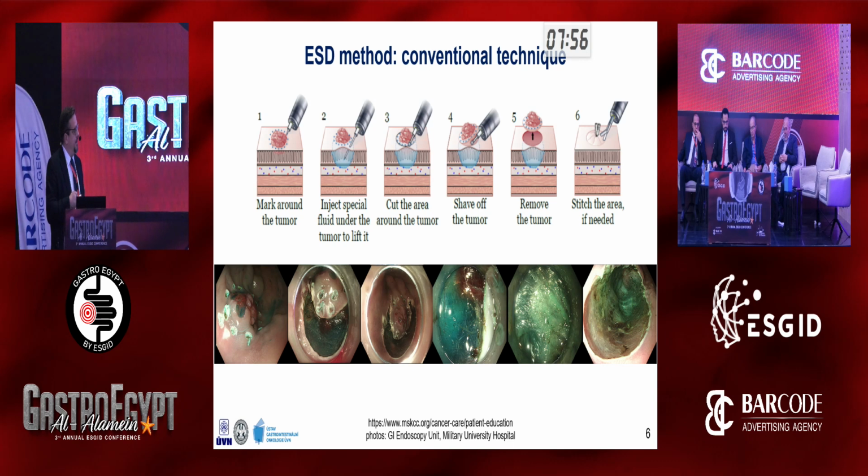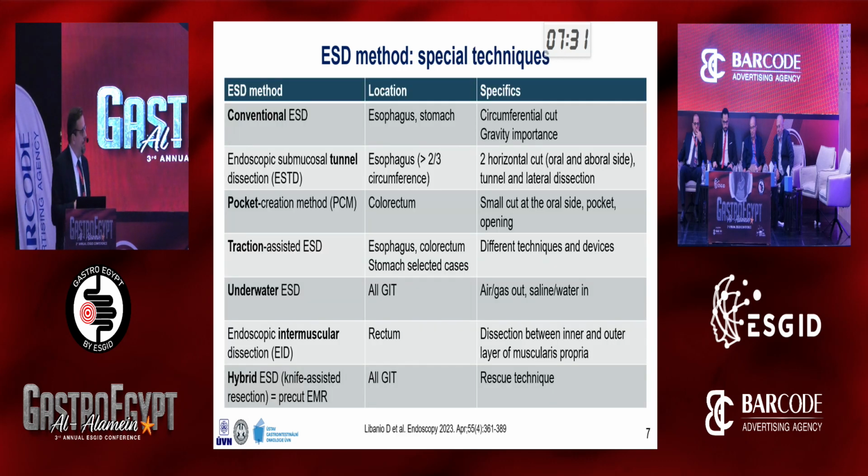Then we make the first cut, continue with a circular or semicircular cut, go into the submucosal space and do the dissection. Sometimes we encounter fibrosis, and of course we need to be careful with bleeding control. There is also an approach to the post-ESD defect that I will talk about a little later.